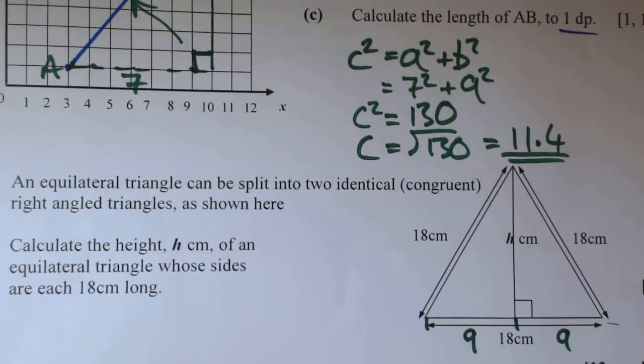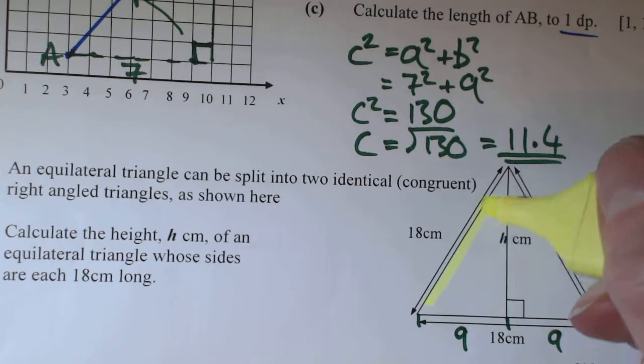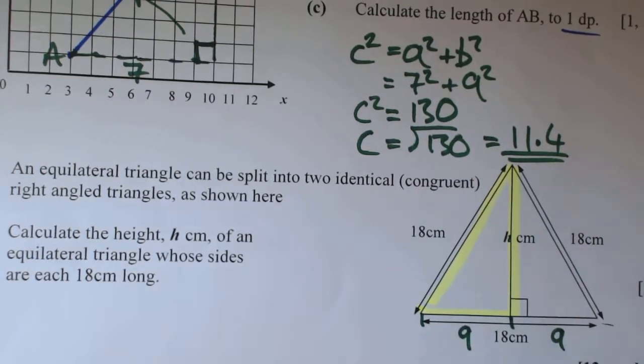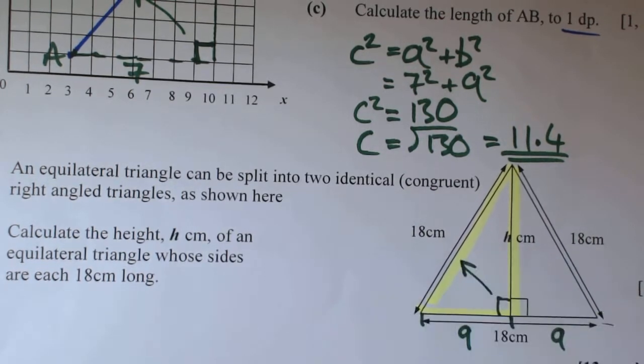So what we can do, if I get a pen, is we're essentially just using this triangle. Right, so we're just using this one there. Obviously, if we look, I've already got the longest side.